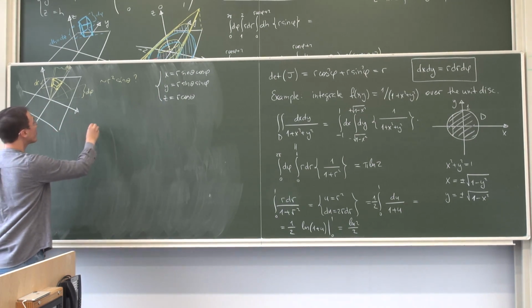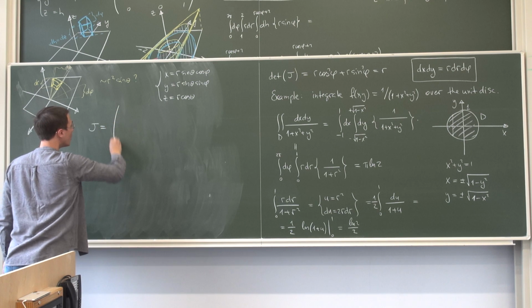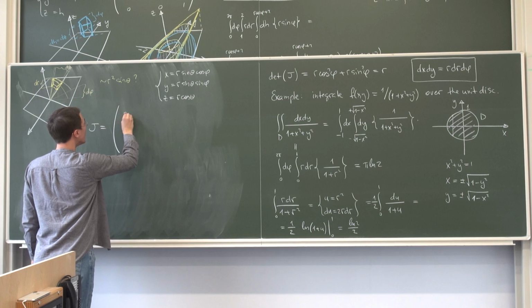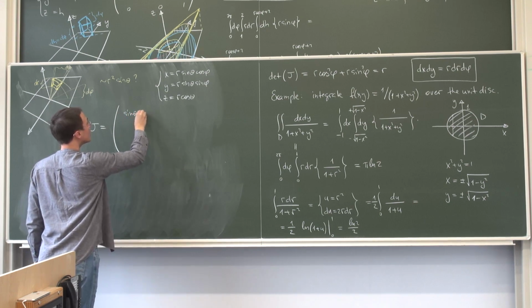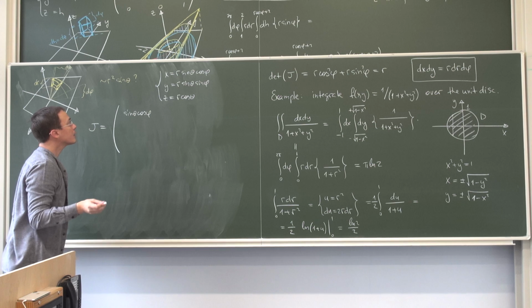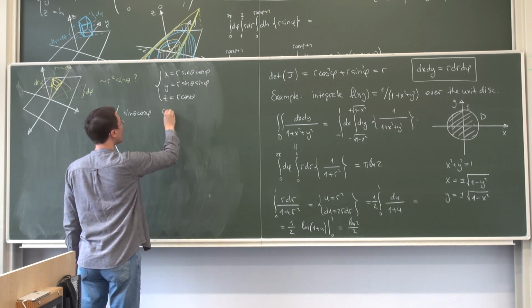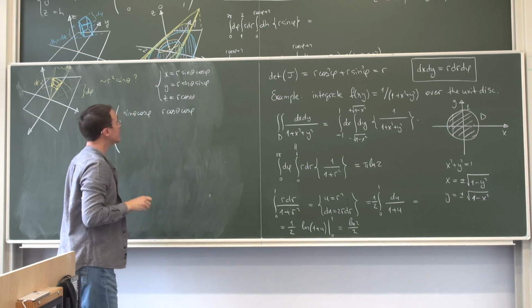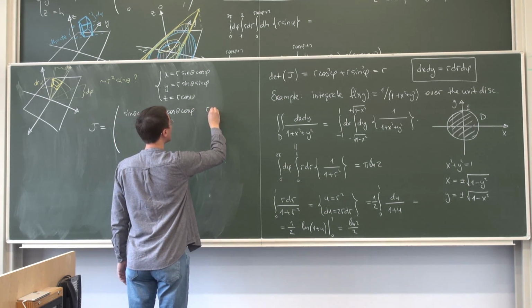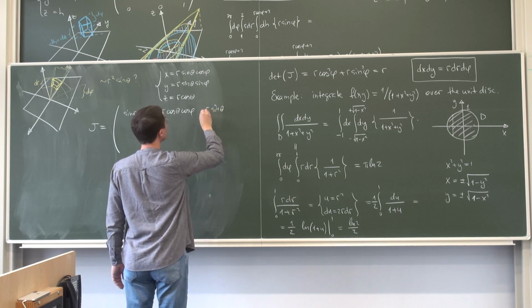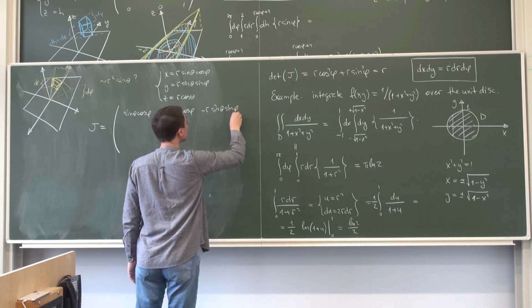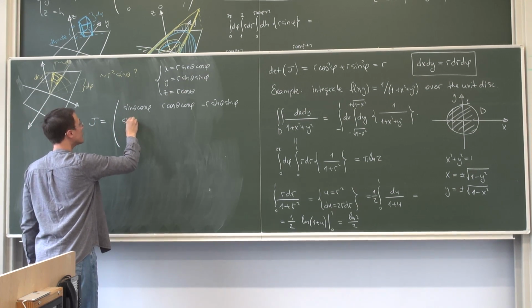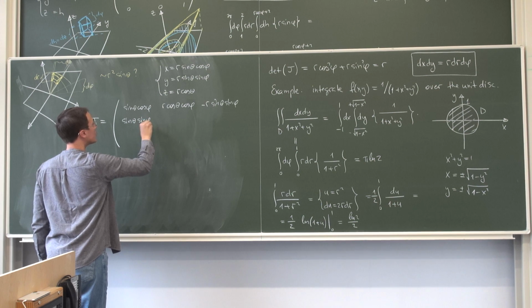Our Jacobian will be dx by dr, sine theta cosine phi. Dx by d theta, r cosine theta cosine phi. Dx by d phi, r sine theta with a minus sine phi. Then dy by dr, sine theta sine phi.